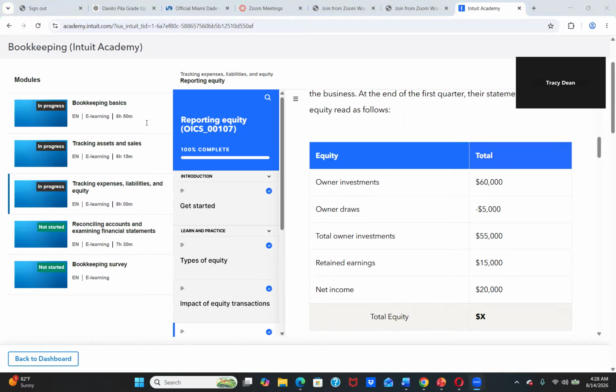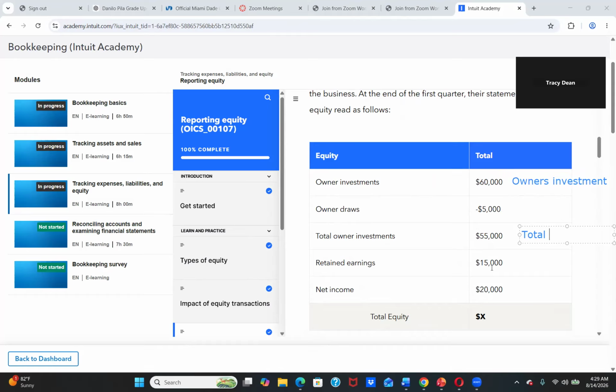In this formula, they told you that the owner's investment part right here is the $60,000. Then you're going to minus the owner's draw. So the total owner's investment that you have right here is the $55,000.